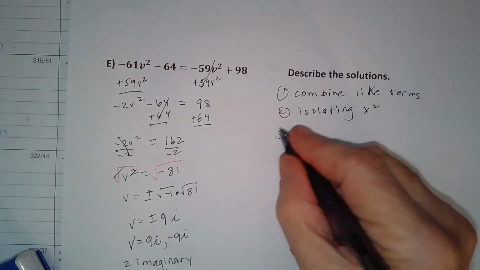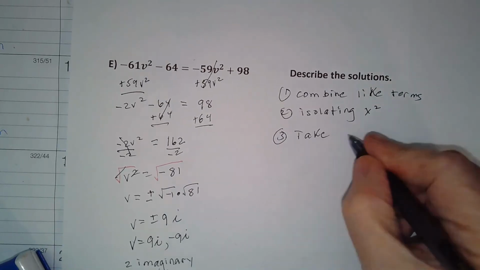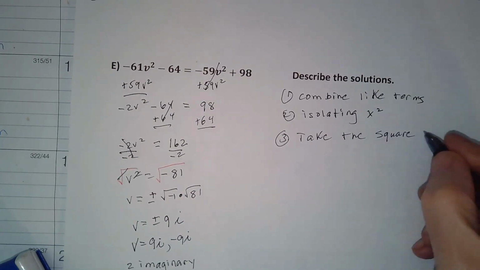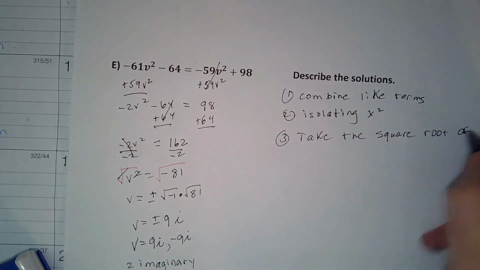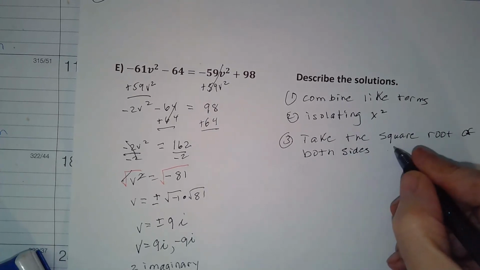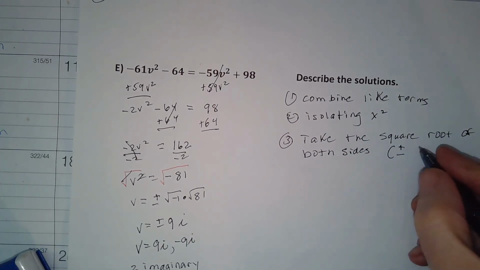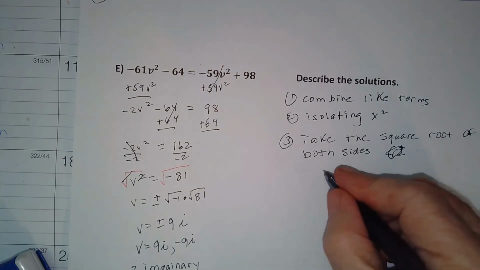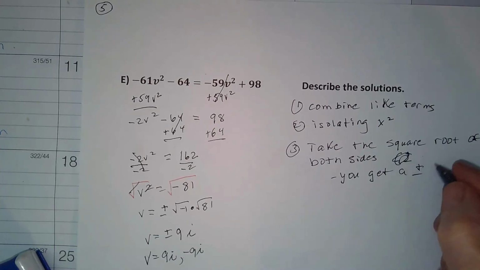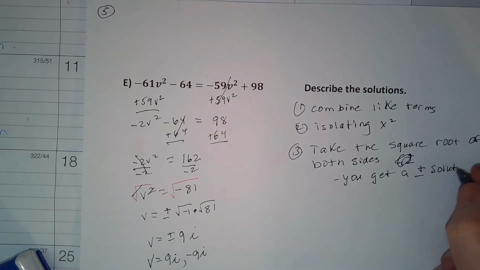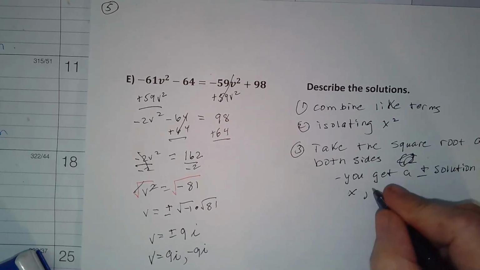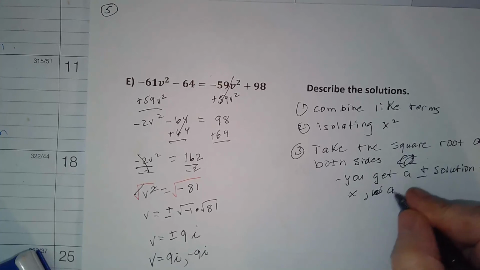Then you take the square root of both sides. And remember, you get a plus or minus solution for x and y equals 0.